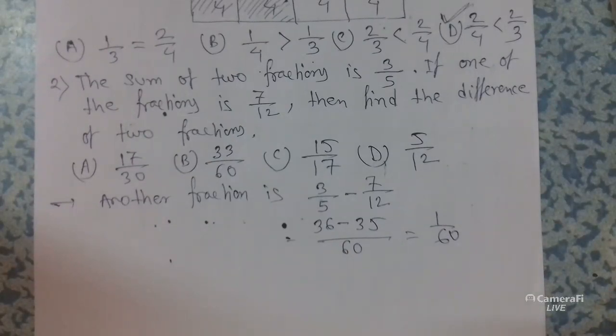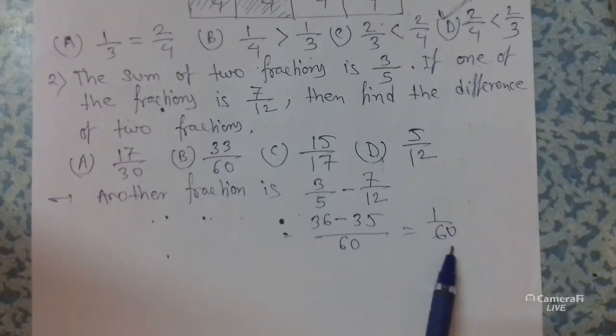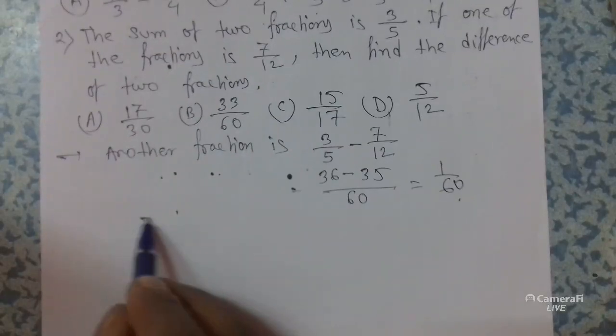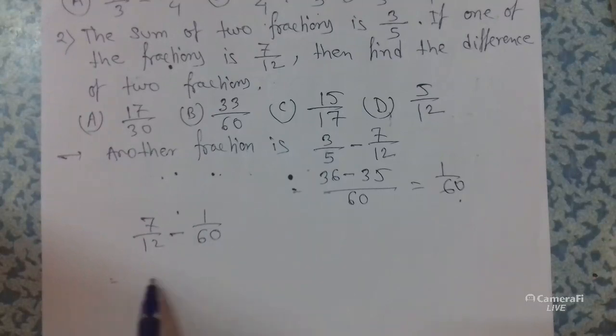Now students, we have to find the difference between them. So one fraction is given, 7 by 12, and another one is 1 by 60. Now subtract these two. 7 by 12 minus 1 by 60.